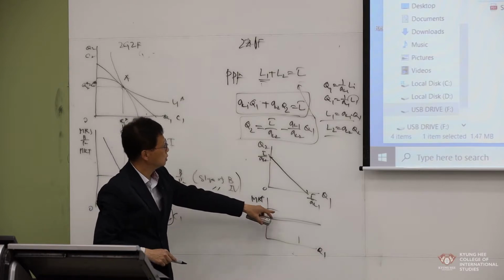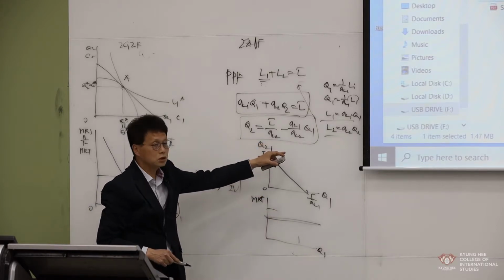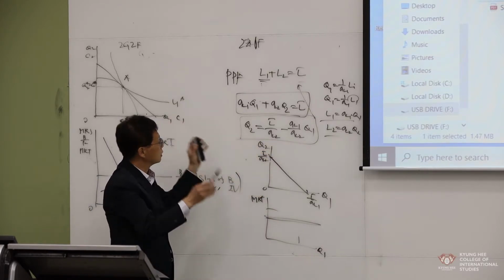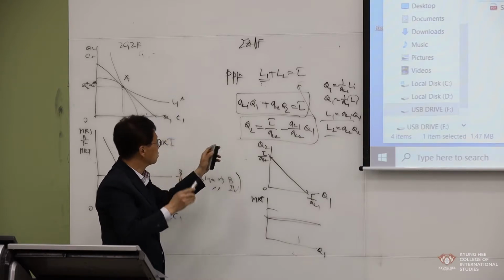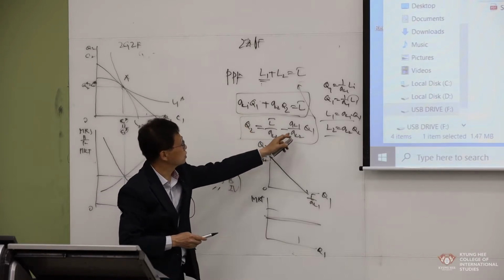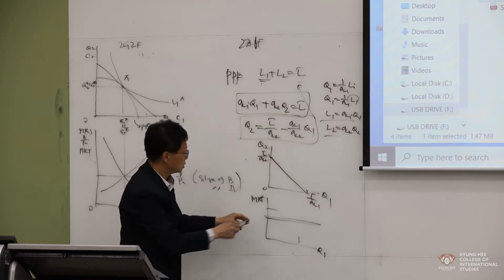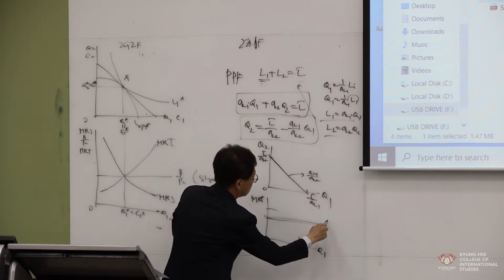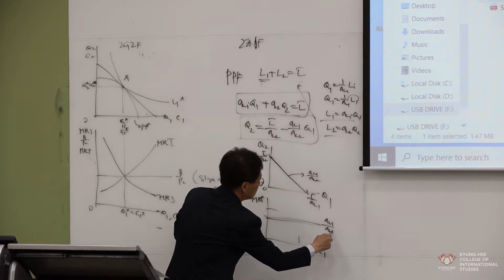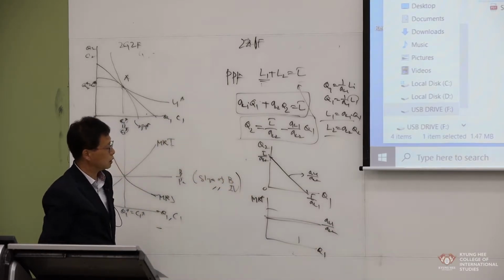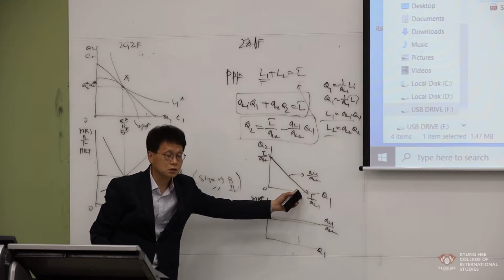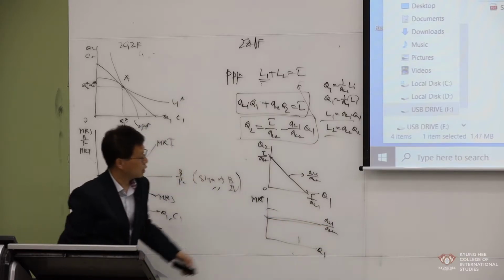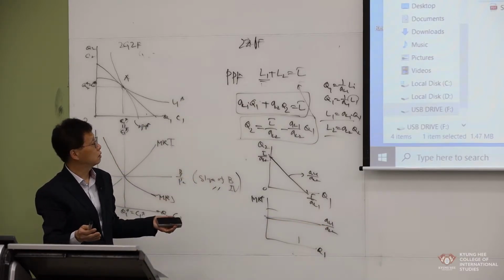What is this? The absolute value of change in Q2 over change in Q1, that is AL1 over AL2. The slope of this one is AL1 over AL2, or by this first order condition, we know that. Right? The production possibility frontier is a constant slope. MRT is AL1 over AL2.